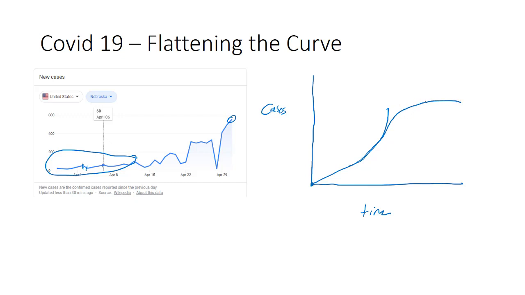And that's what we mean when we say flatten the curve. It's not that we're trying to prevent any new cases. We're trying to prevent the spread from becoming so rapid that it overwhelms the medical system. And so we're not doing a good job of flattening the curve right now. We're getting lots of new cases and the number of cases is increasing. And we want that to increase at a decreasing rate instead of increase at an increasing rate.